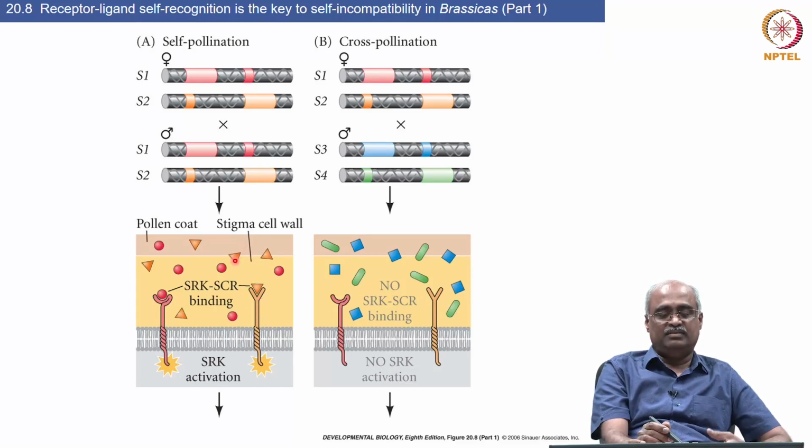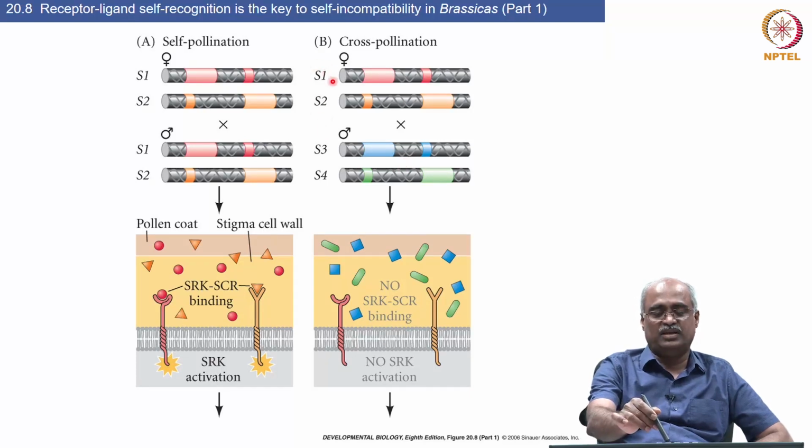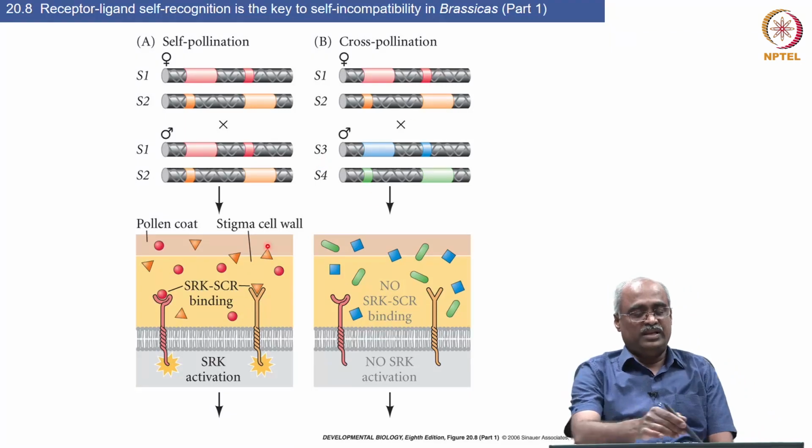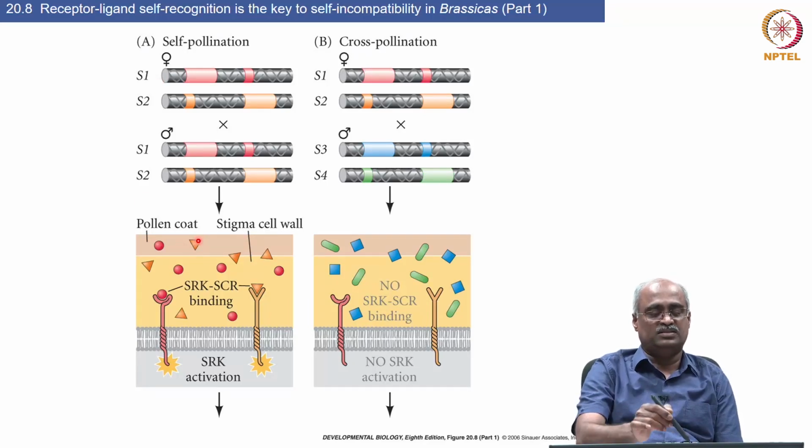And when the ligand fits the receptor, it initiates a reaction and that leads to abrogation of the pollen tube, and due to that the pollen is rejected. Whereas when the pollen that lands on the stigma is from a different genotype, like this is S1 S2, this is S3 S4. So here you have two shapes to indicate that it is a diploid, and therefore two kinds of ligands are possible, and similarly you can have two kinds of receptors.